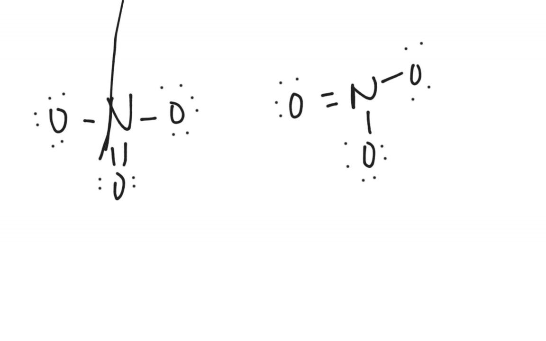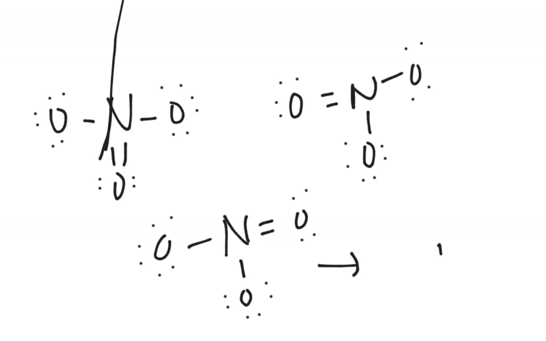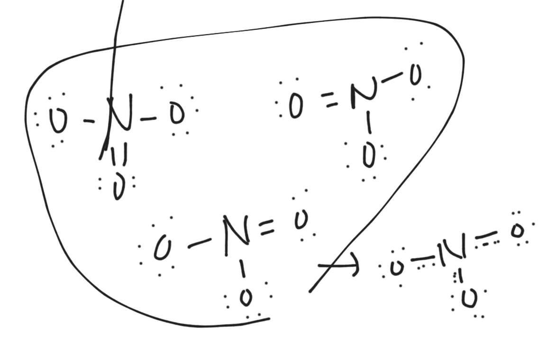So I would say that these 3 resonance structures are all equal in possibility and are all fairly good, and so my actual one is going to be something kind of in the middle, something like that, a combination of these three valid structures that is probably very close to what it actually looks like.